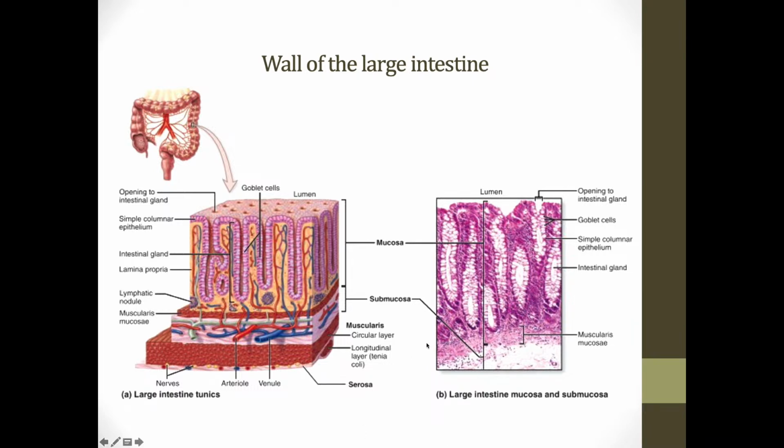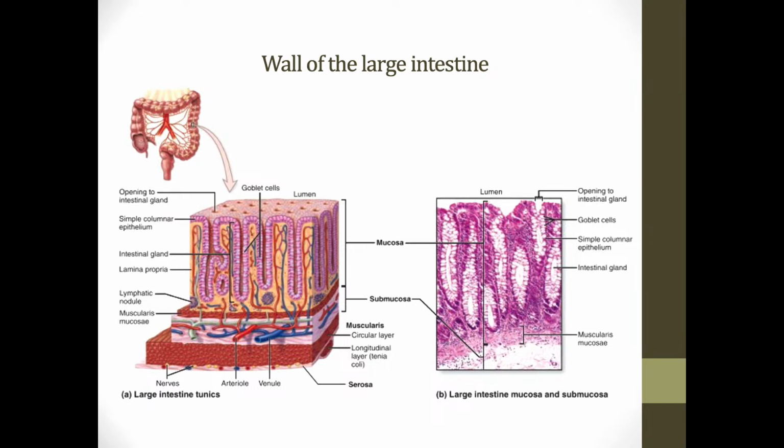And the mucosa epithelial lining cells are columnar cells, enterocytes, and goblet cells. In the large intestine there are more goblet cells than in the small intestine.